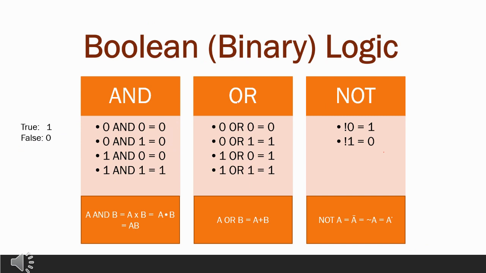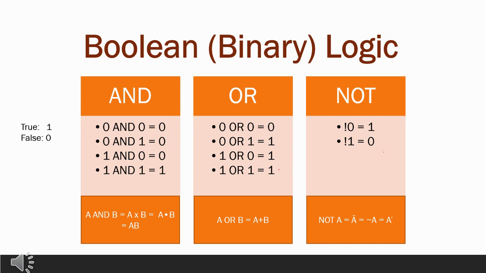In OR logic, for the two possible input operands, the rules for the four possible combinations of values are 0 or 0 is 0, 0 or 1 is 1, 1 or 0 is 1, and 1 or 1 is 1.